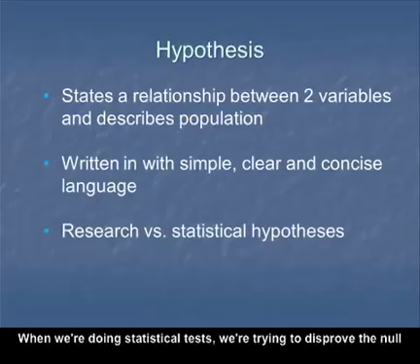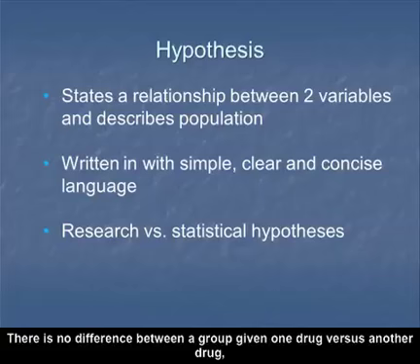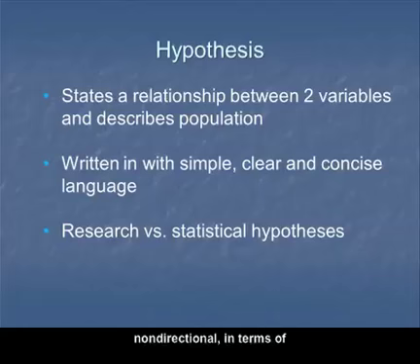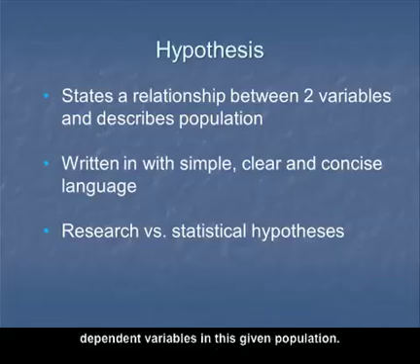When we're doing statistical tests, we're trying to disprove the null hypothesis, meaning that there is no relationship, there is no difference between a group given one drug versus another drug. Whereas a research hypothesis can be written as either directional or non-directional, in terms of trying to state what the relationship is between our independent and dependent variables in this given population.